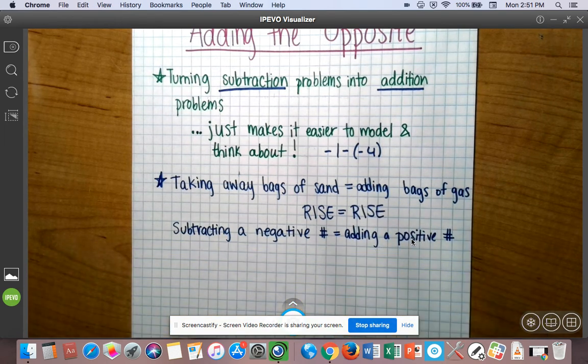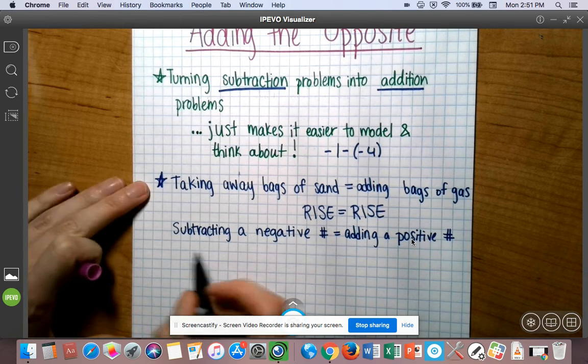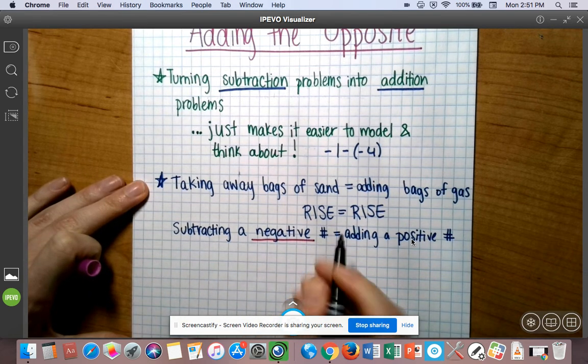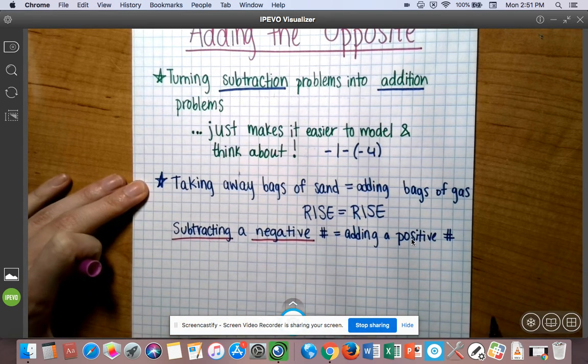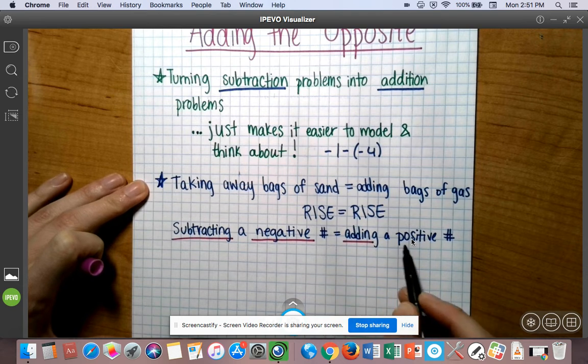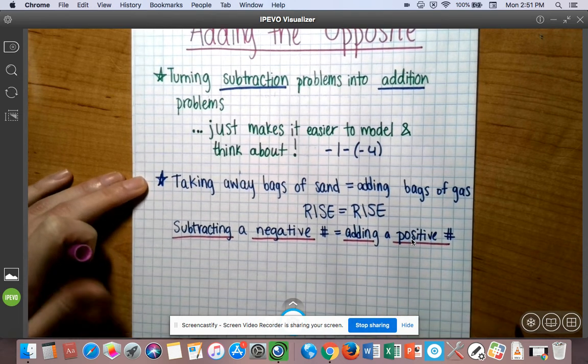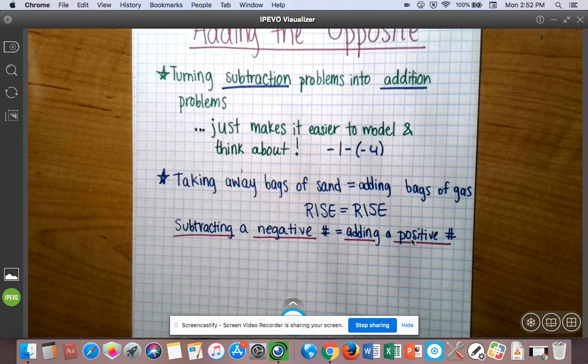So let me use a different color here. We're subtracting a negative, which is the example I have up here. We're turning that into adding a positive. And we're going to see examples where you're not subtracting a negative. Maybe you're just subtracting a positive. We're going to do some examples with that as well.